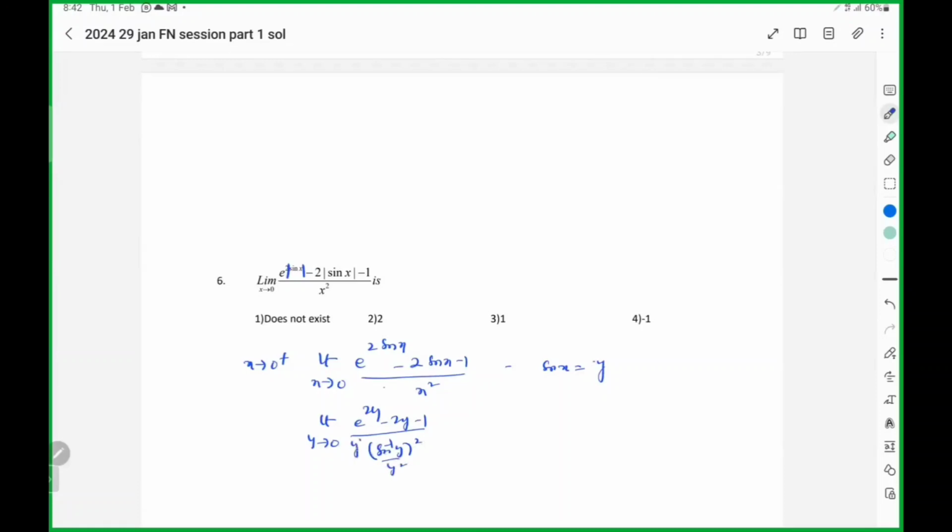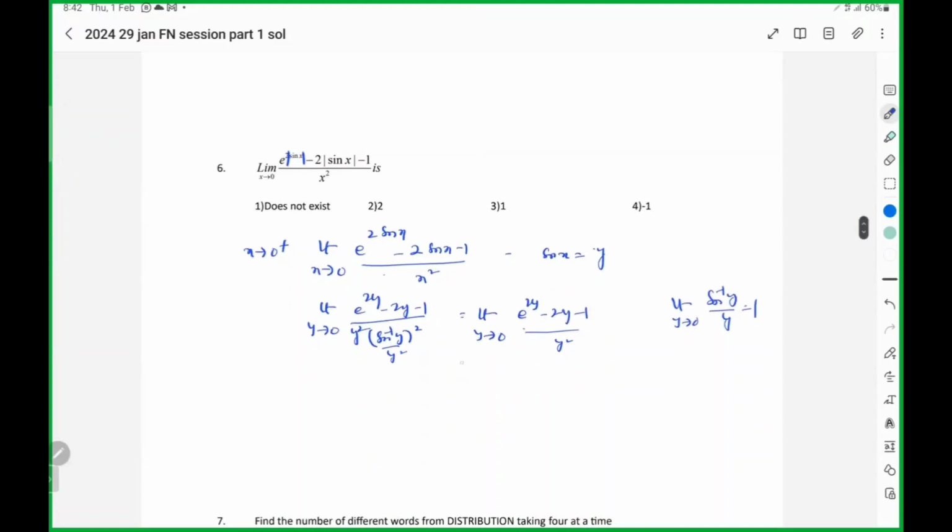Just divide and multiply. Limit y tends to 0 of y², because the limit of sin⁻¹y by y is 1. So apply L'Hospital's rule, because it is 0 by 0 form.